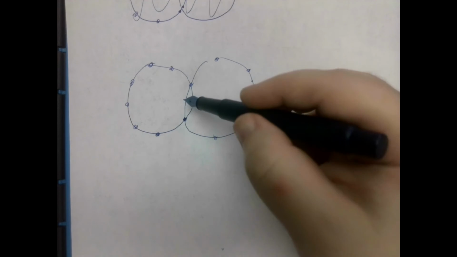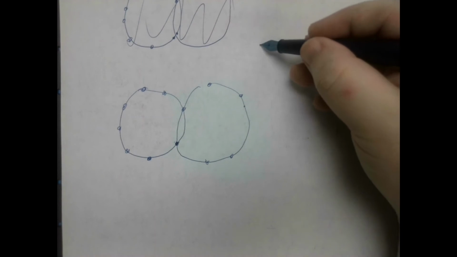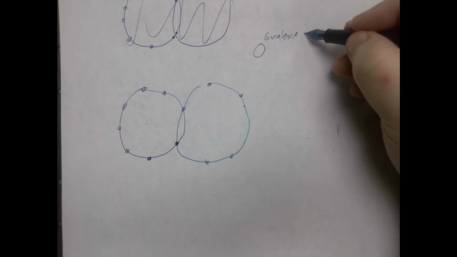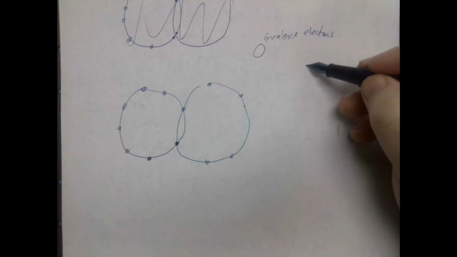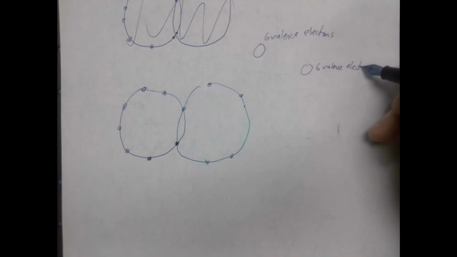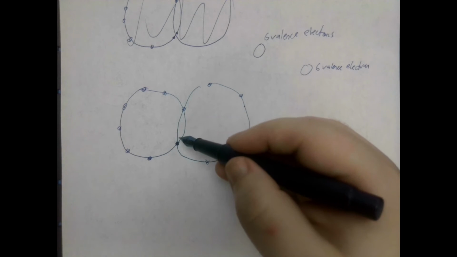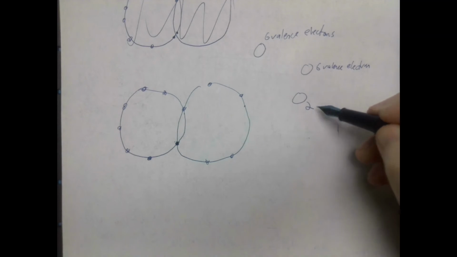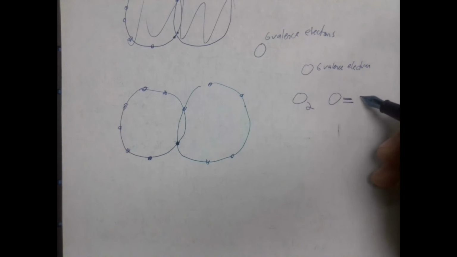What we end up having is that occasionally these 2 electrons are shared between the 2 oxygen. So oxygen has 6 valence electrons, and another oxygen has 6 valence electrons. So they share 2 pairs of electrons with each other to make them have 8. So O2, if we draw it out, we put it as a double bond.